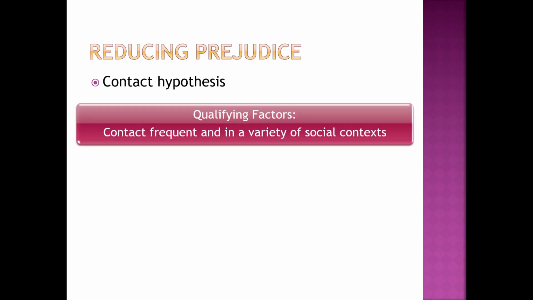What can we do? One hypothesis is the idea that the more contact you have with a person, a group of people that you might normally stereotype or be prejudiced towards, the less prejudiced you will be. And so the idea in this hypothesis is that if you have frequent contact with members of the other group and in lots of different social contexts.